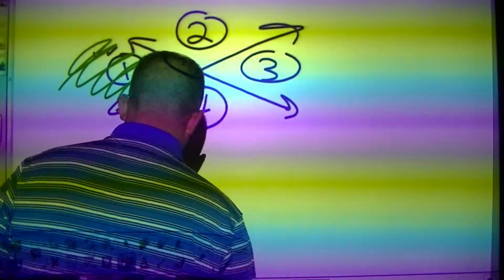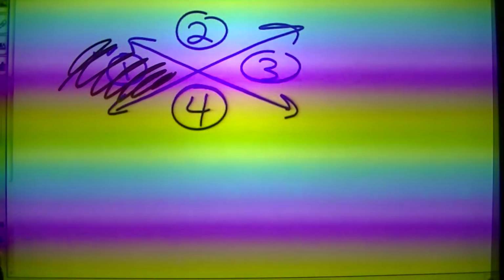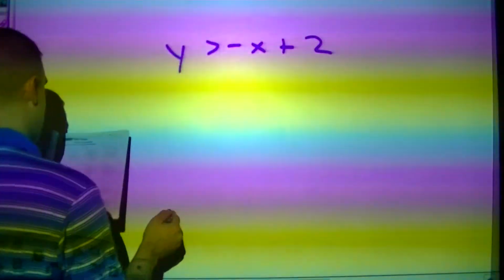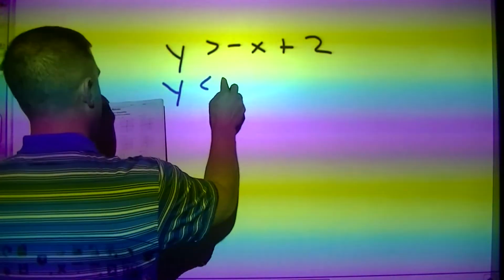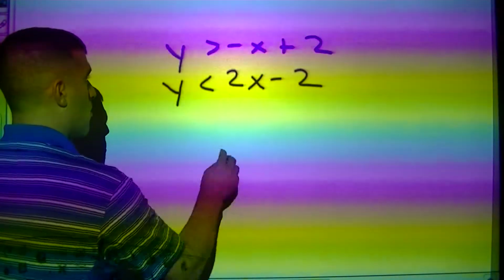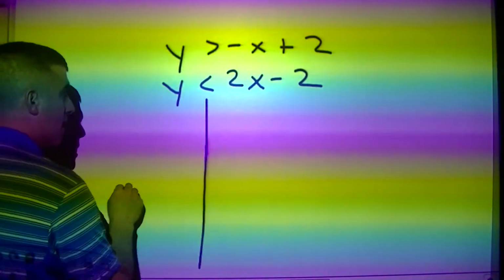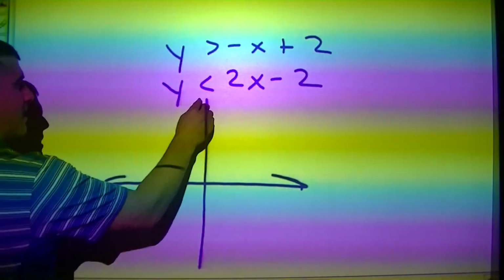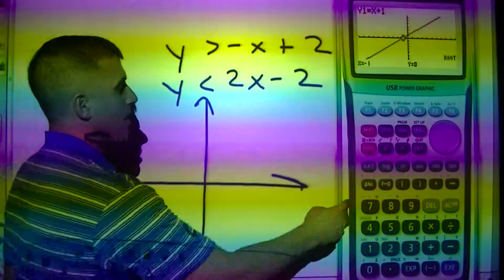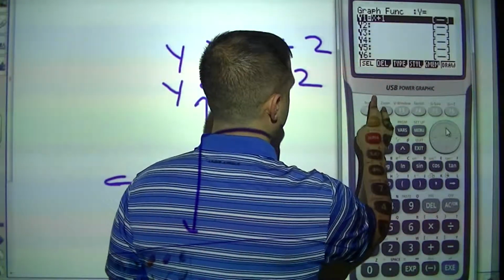Let's say I have y greater than negative x plus 2, and y is less than 2x minus 2. What I want to do is first find the solution to that system. Just like before, I'm going to go to the graph screen, because this is y equals.